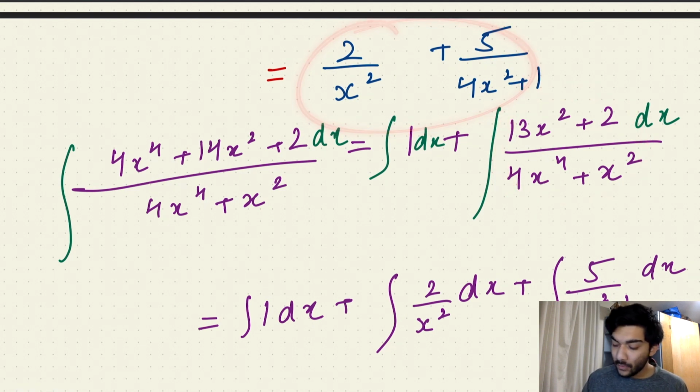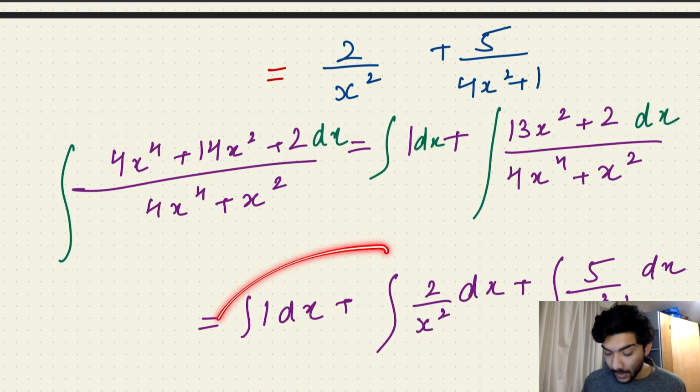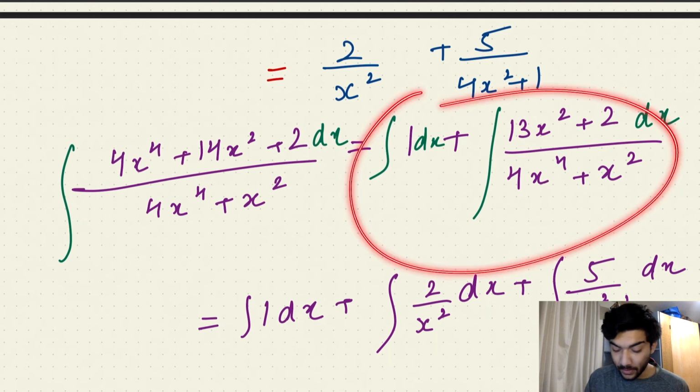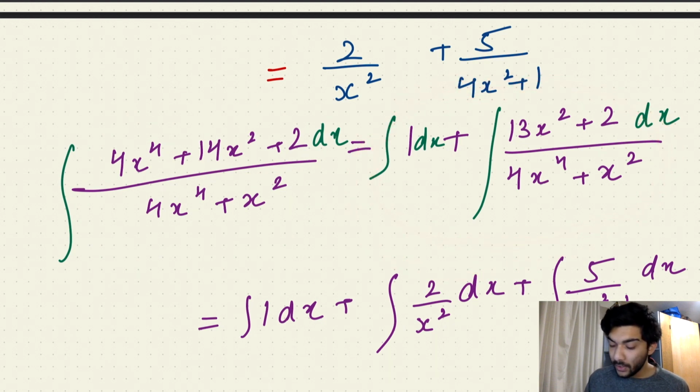So we basically converted this expression to this expression over here in the integral sign, right? And now you can clearly realize how easy it is to calculate the integral of these three expressions rather than calculating the integral of this expression or even the integral of these two expressions over here, right?